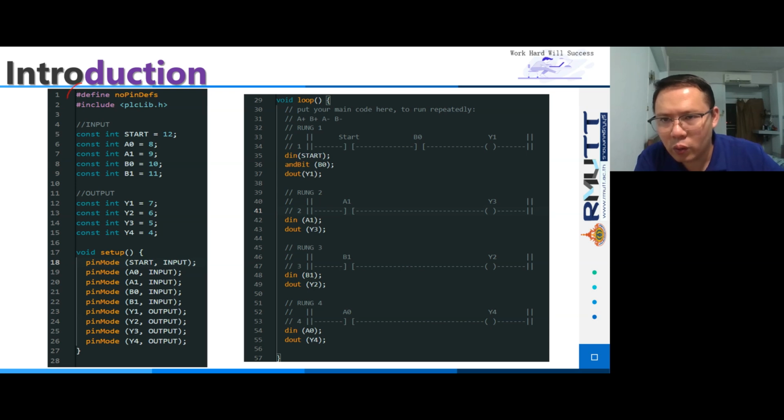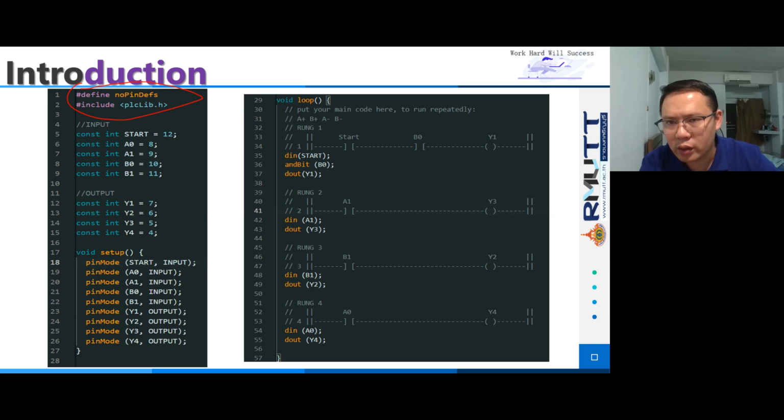First, we include the PLC library. The library we can download from the Arduino or the PLC website and copy this to the library folder of Arduino.